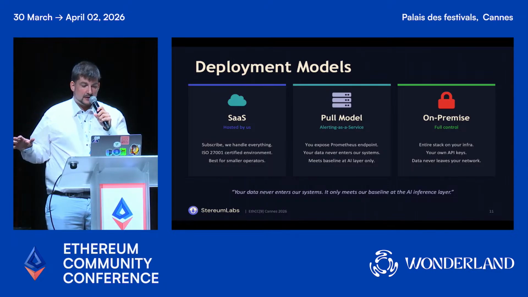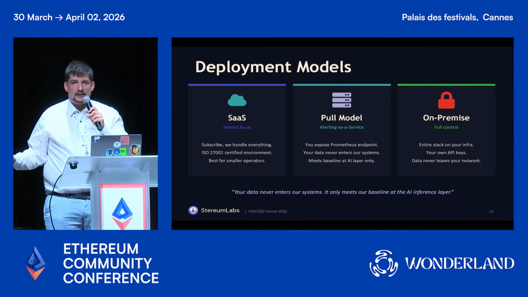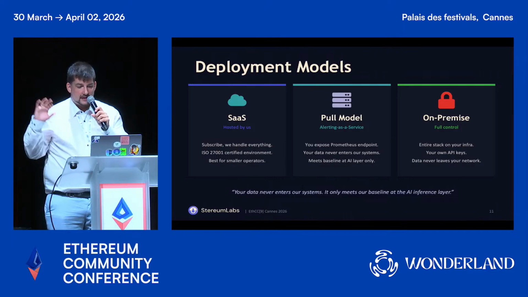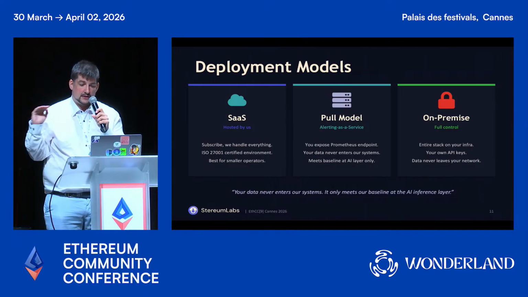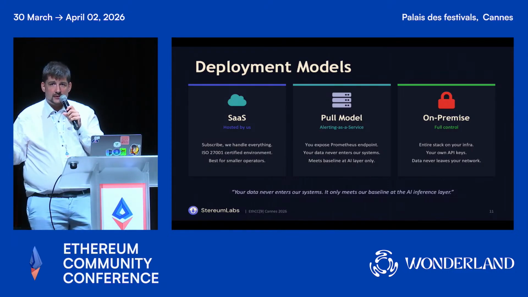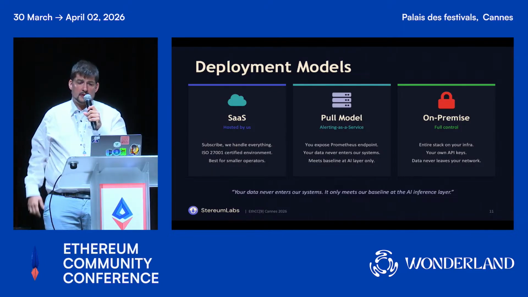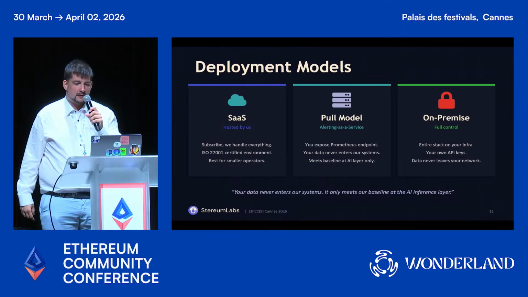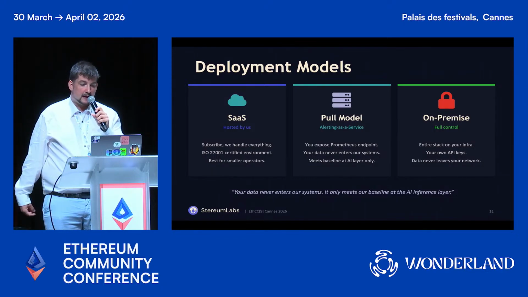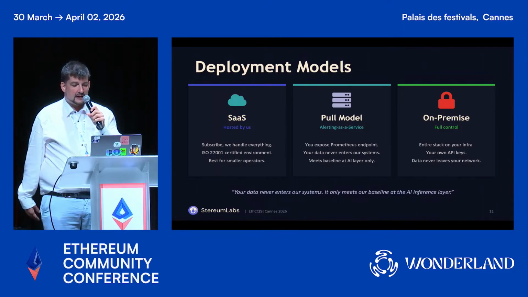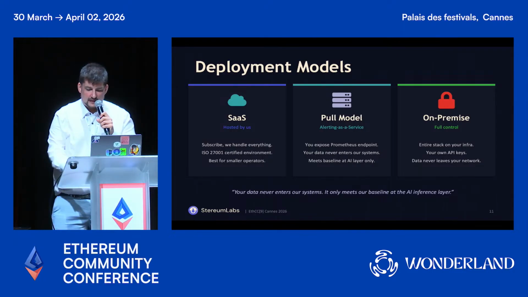We will scrape your data on your Prometheus endpoint, and your data will never enter our system. It's just at the AI inference level, so you will never have any trust issues. But if you have trust issues, there is an even more direct, full-control way to run it, and this is on-premise, already running. You will get the entire stack in your infra. You get your own API keys, and your data will never leave your own network. So that's the third option.